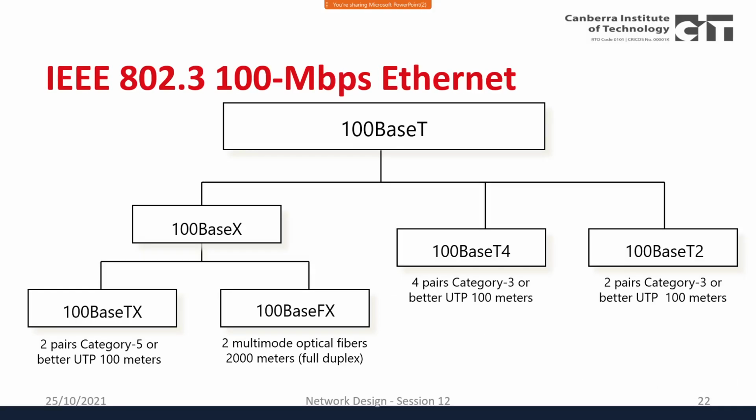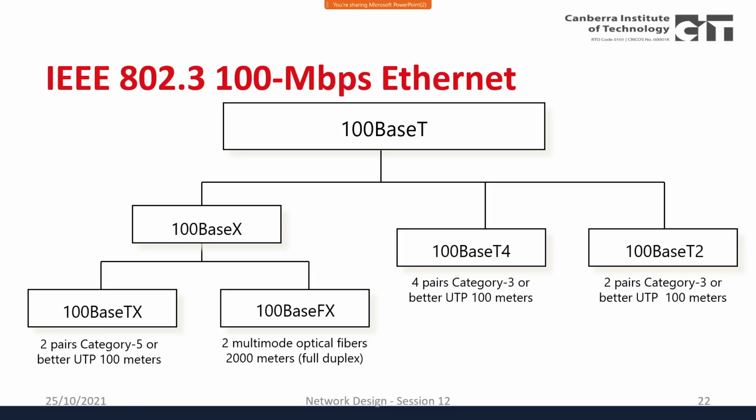With the 100BASE, we have 100BASE-T, which derives 100BASE-X, the 100BASE-TX and FX. With 100BASE-TX, we have 2 pairs of category 5 or better unshielded twisted pair, and they go up to 100 meters. We have 100BASE-FX, 2 multi-mode optical fibers that can run up to 2 kilometers.